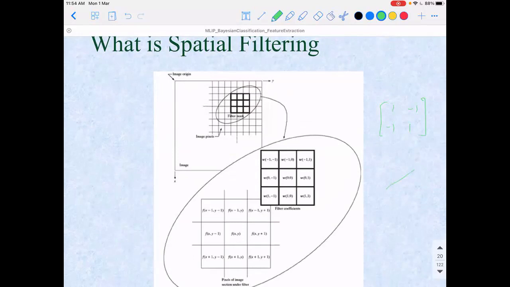45-degree edges. Okay, so I may design now the kernels such that they match the application or the task I need to perform. If I do convolution with this mask, okay, what do you think I will get? If this is the filter or this is the other signal with which I convolve the original image, see, I'm using the words convolution and correlation together.